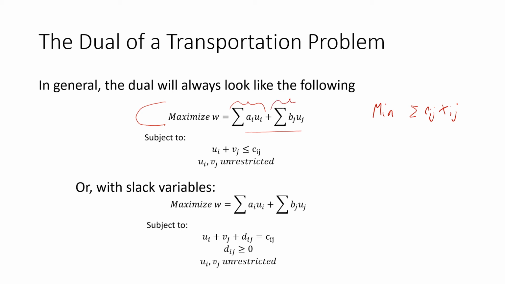These numbers come from our distributor constraints, or our receiver constraints. Subject to: ui plus vj is less than or equal to cij.